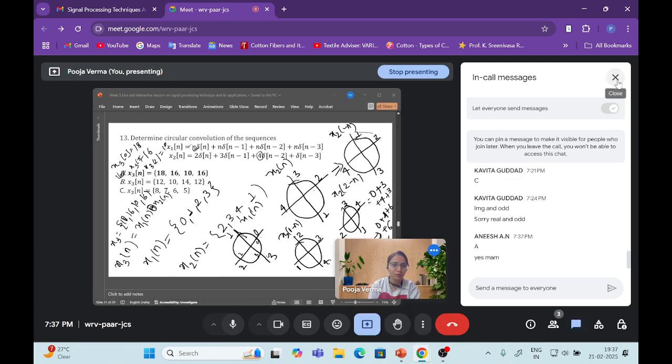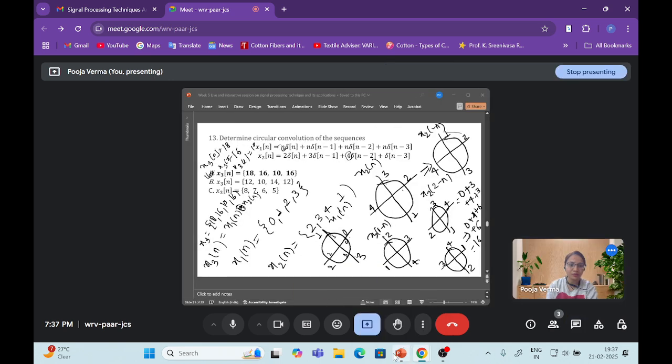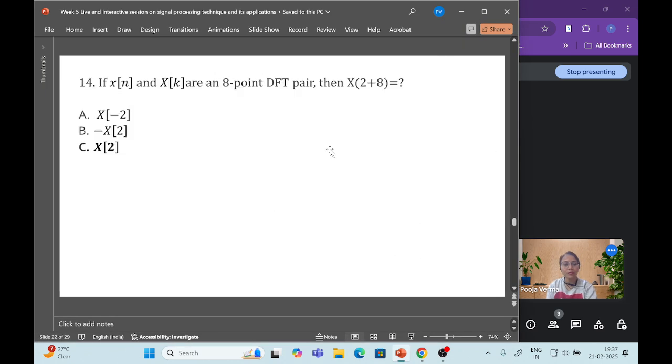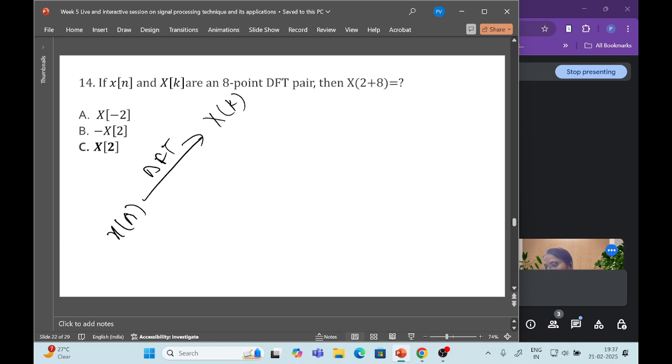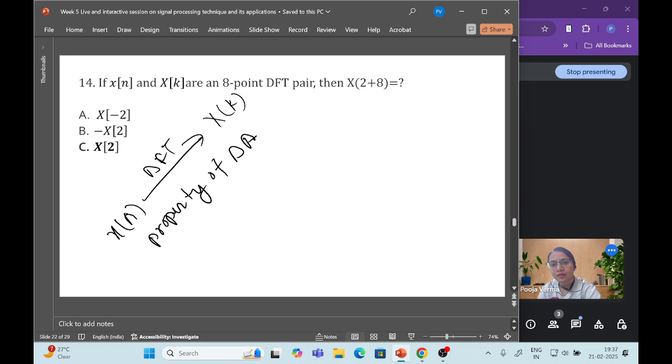Okay, moving to the next question. If x(n) and X(k) are an 8-point DFT pair, then what will be X of 2 plus 8? We already know the DFT property: x(n) has DFT X(k).